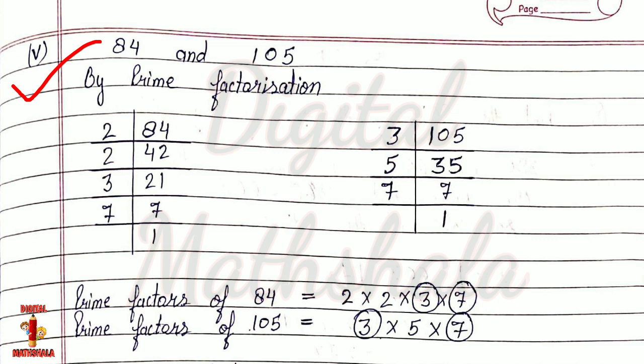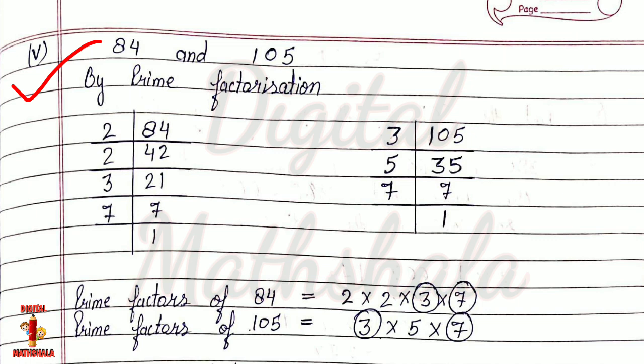So first we will use the smallest prime factor, that is 2, and then we divide, we will get 42, and then again 42 is an even number, we will divide by 2, then we will have 21. Now here you can see that 21 is not an even number, so now we will move to the next prime number, that is 3, and then we divide 21 by 3, we will have 7.